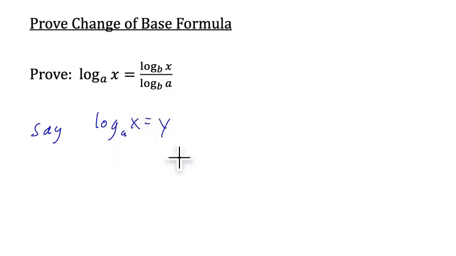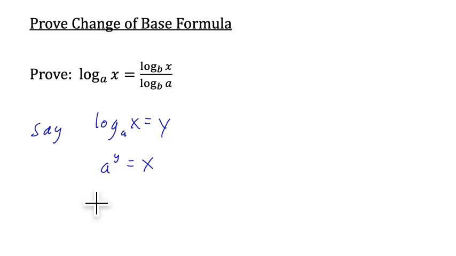Just kind of a starting place, because we can take this starting place and end up here. So we're trying to get to this equation here from this. I'm going to rewrite this using exponents. So that would be a to the power of y equals x. Remember, the log equals the exponent, so the y is actually the exponent.